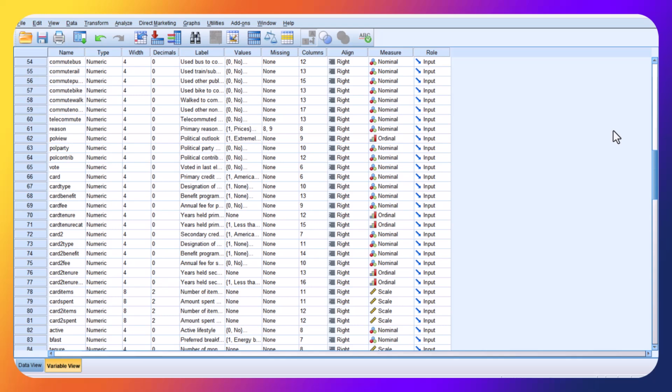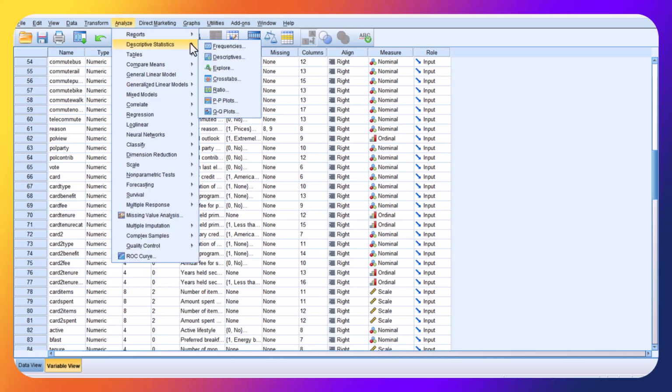First we are going to be talking about the quantitative descriptive statistics. Like I said earlier, descriptive statistics basically provides an aggregation and a brief summary of our data sets. To create descriptive statistics in SPSS, you go to Analyze, then Descriptive Statistics.